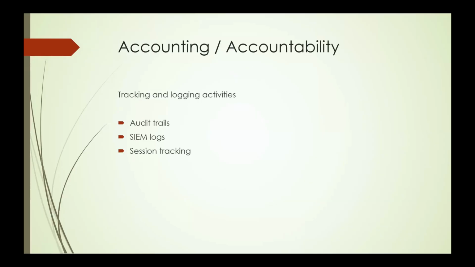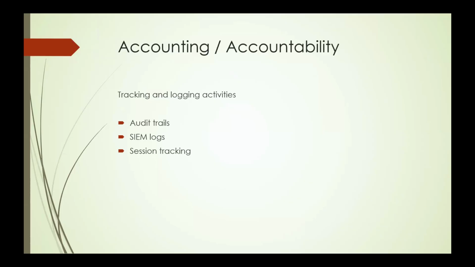Next comes accountability, or accounting sometimes. Accounting means tracking and logging the activities of the user. This helps in auditing, monitoring, investigations, as well as compliance. Auditing can be done using audit trails, SIEM logs, and session tracking.